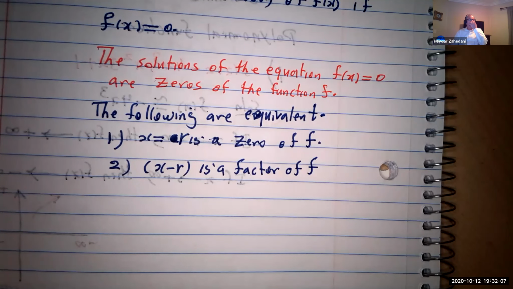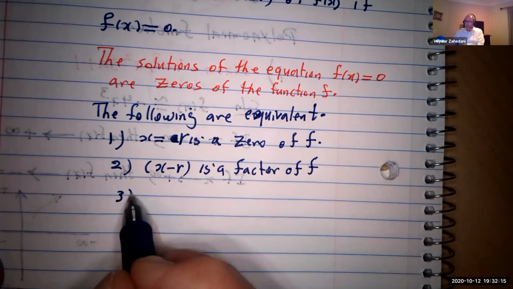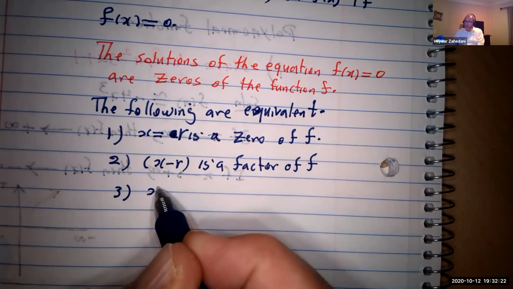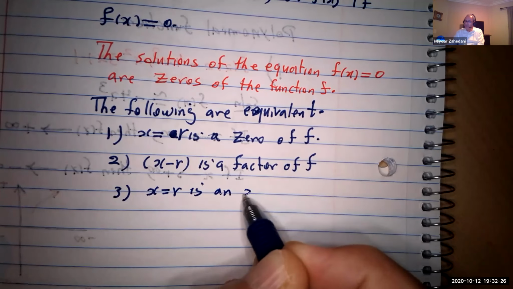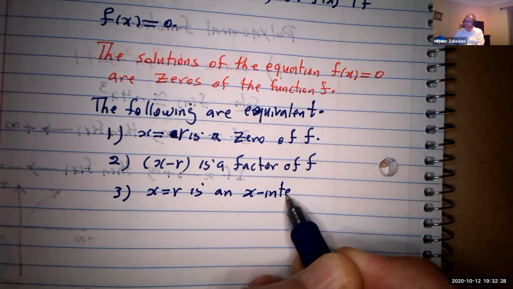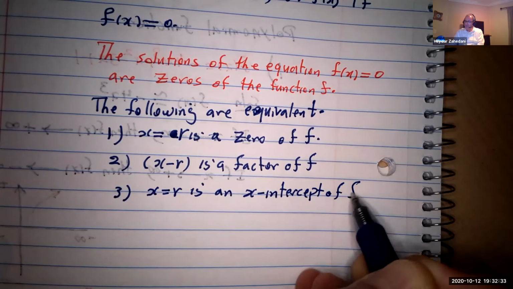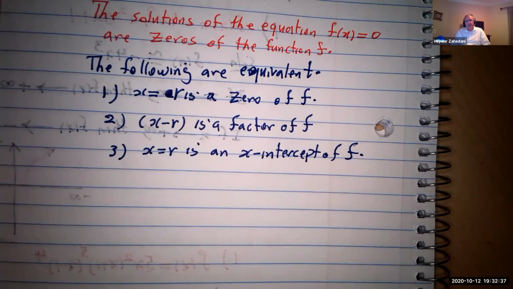You let this factor equal to 0, you get x equal to r. And the third one is x equal to r is an x-intercept of f.